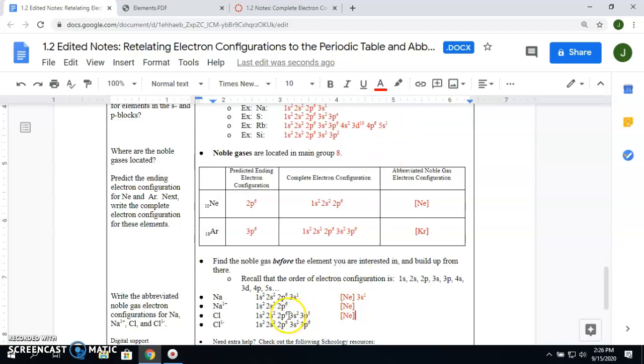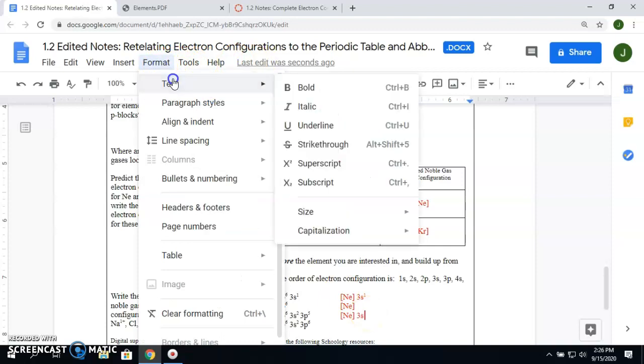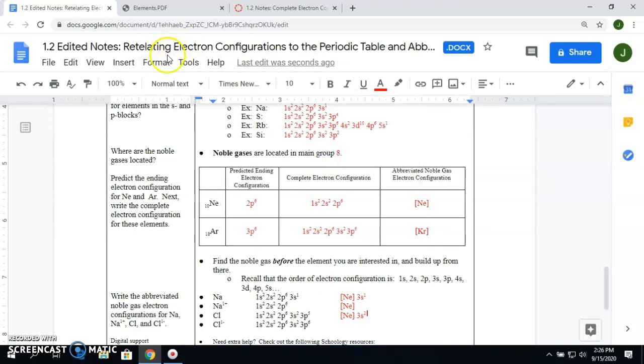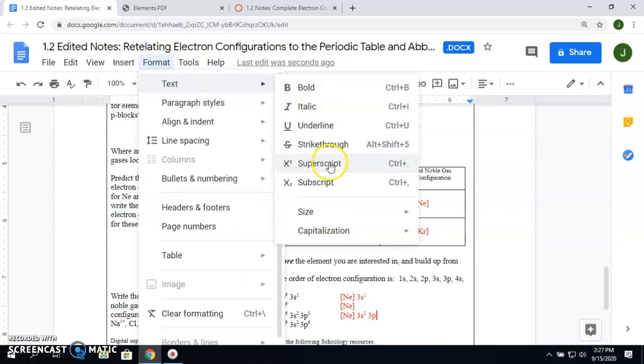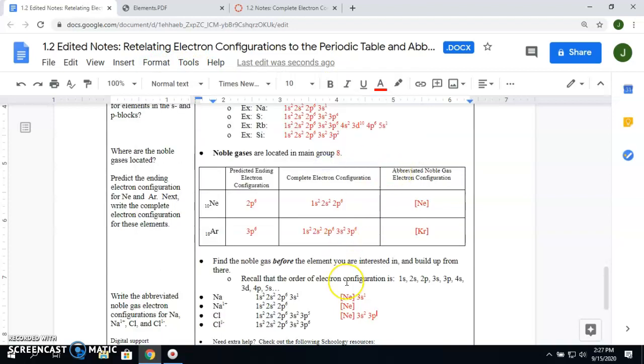Bracket neon ends at 2p6, so we need to add in 3s2, 3p5. Okay, and again, this means 10, there's 12, plus another 5 is 17, adds up to 17 right over here. And that's how we abbreviate it using abbreviated noble gas electron configuration.